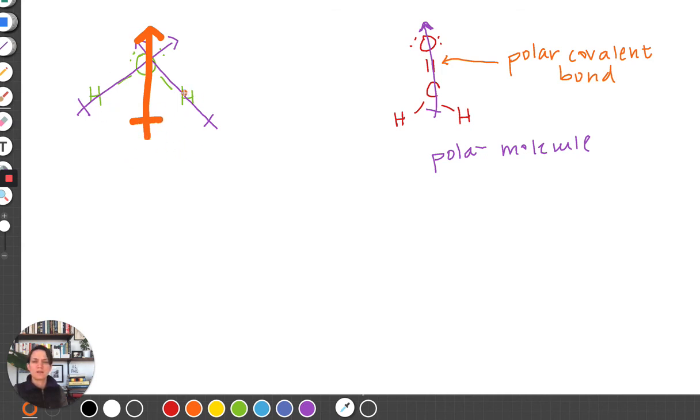So this is our center of positivity, negativity, polar molecule. Thank goodness, because water is so cool, and otherwise, who knows what kind of life we would have on this planet. If any, that would be sad.